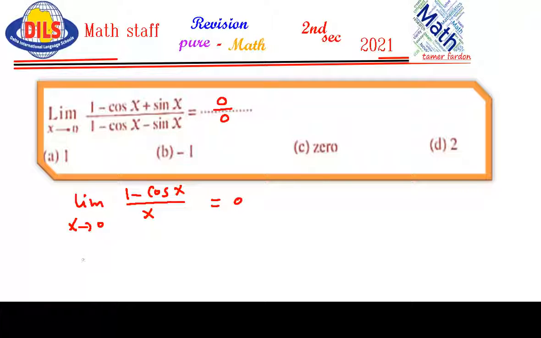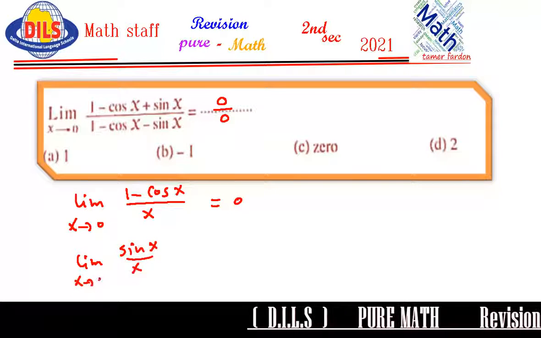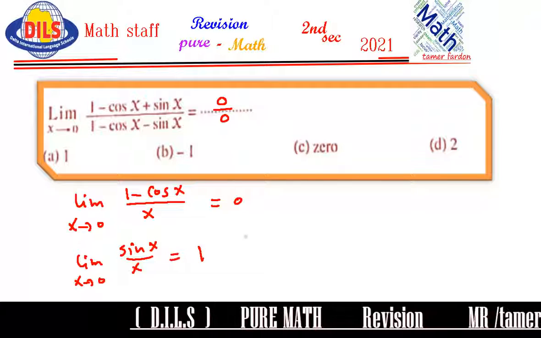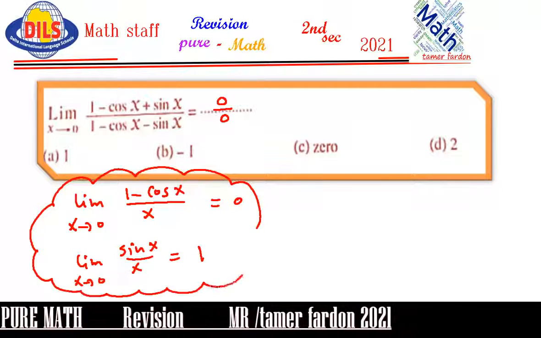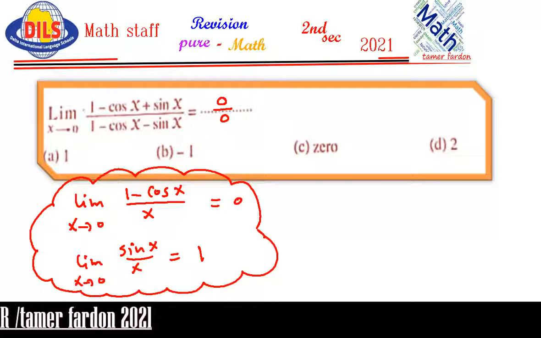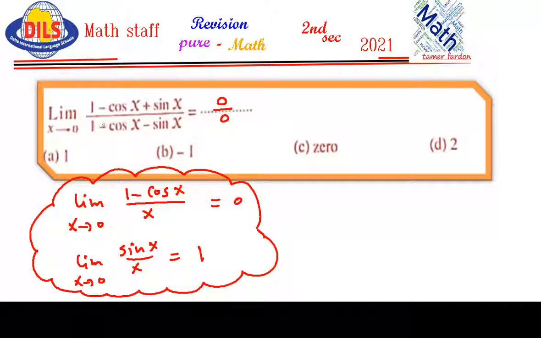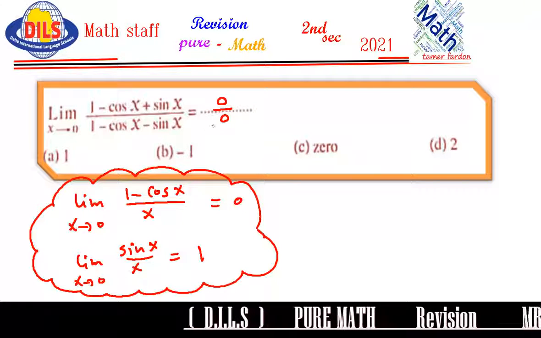Also, we know that the limit of sine x over x when x tends to 0 equals 1. By using these rules, we can find the limit after dividing the numerator and the denominator by x.